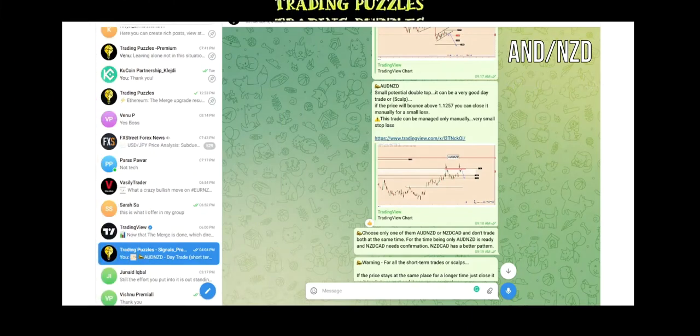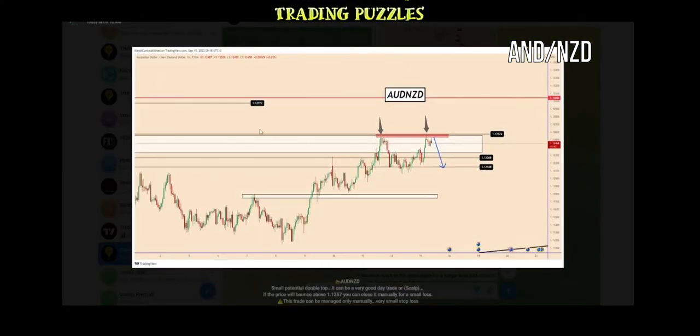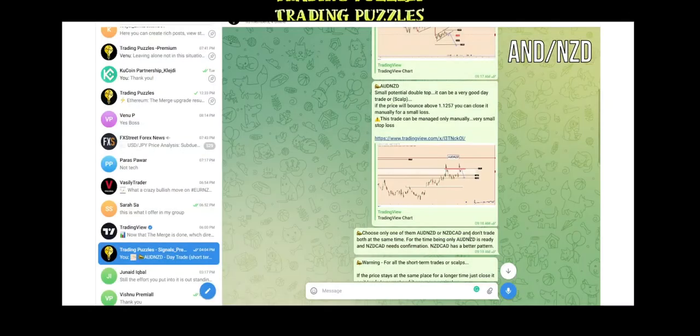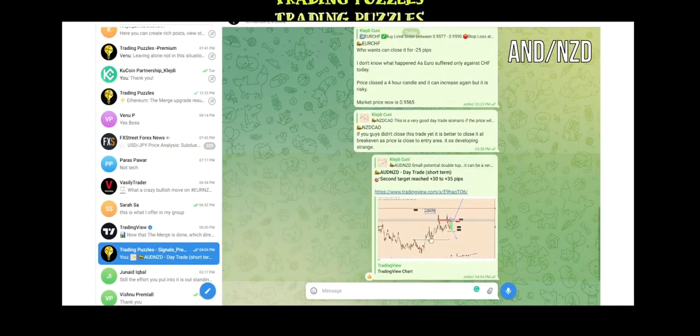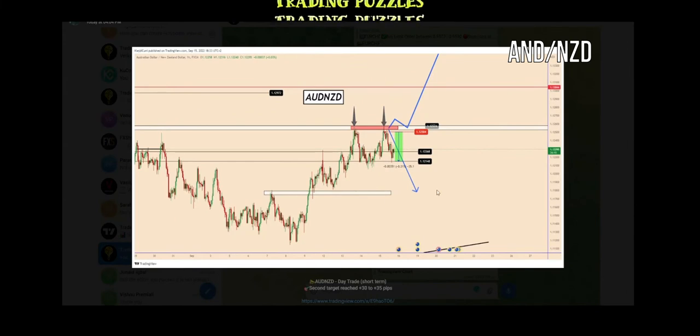For the bit, also on the 1 hour pattern that you can see during morning, we initiated a trade on our group. It was a very fast short-term trade. You can see that price created a small double top on the hourly chart, and after that we were expecting the price to move lower, and close to the mid of the day we can see that price came lower, and the target was achieved.